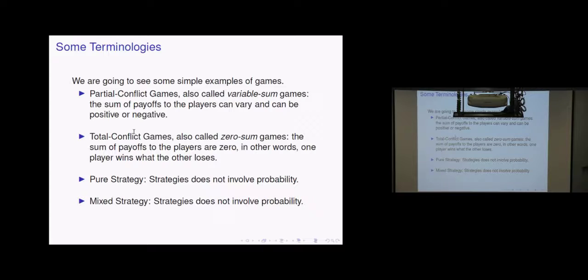So that's pure strategy. Now, after 1 hour, we will talk about mixed strategy. So the strategies not only involve those pure moves, but also involve some probability, like I play this move with probability P, and so on and so forth. Okay, so these are some terminology I may mention.